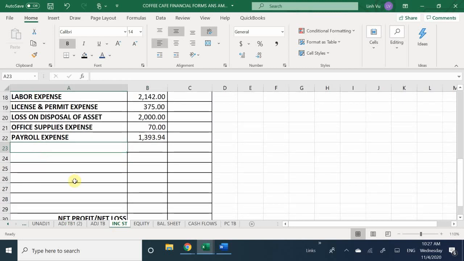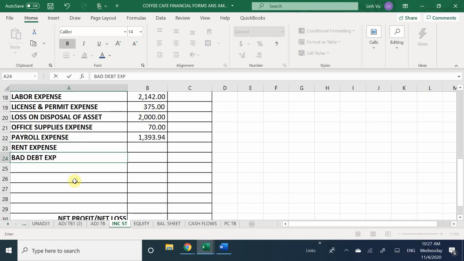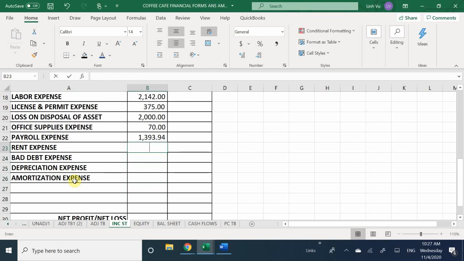Right, so I had rent expense. Let me see, what was my rent expense?